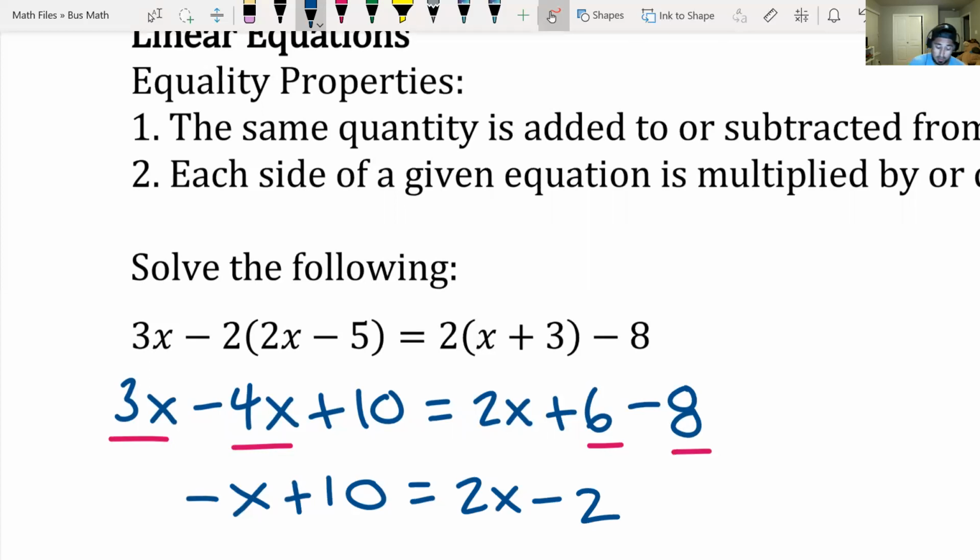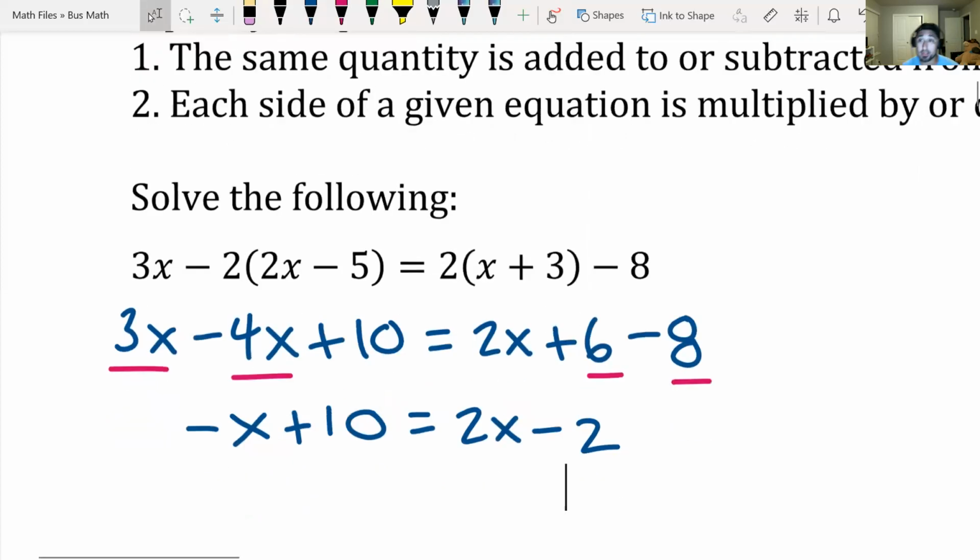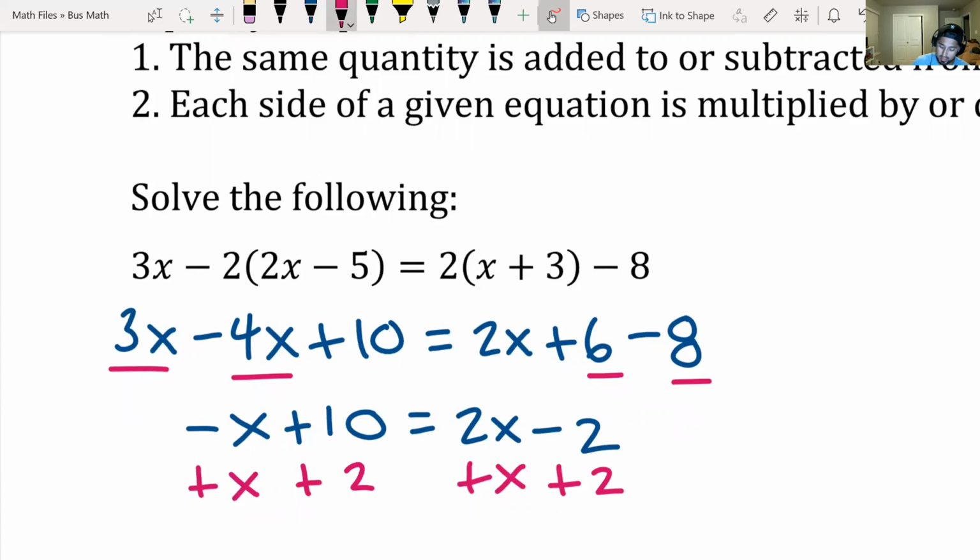Now we want to solve for x. Move x to a side of your choice. I'm going to put my x's on the right side because I like my x's to be positive. So I'll add x, and in the same move, add 2.